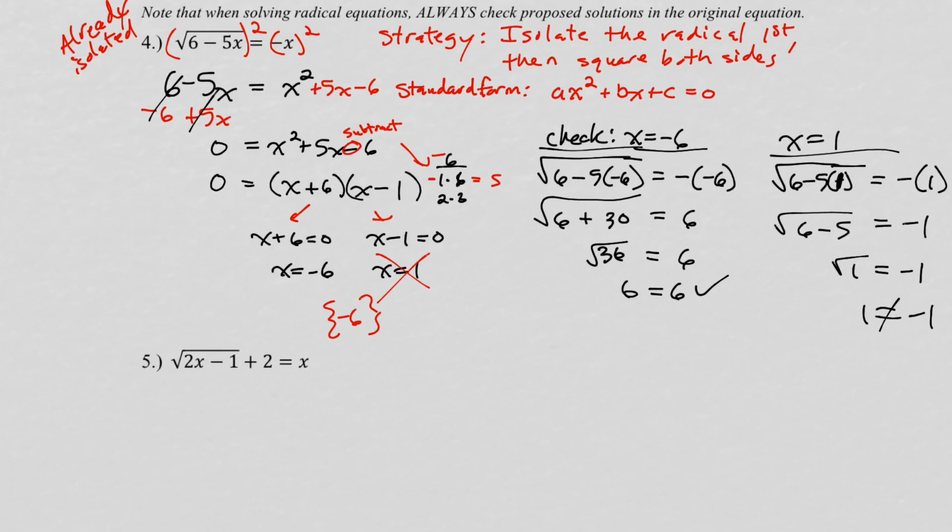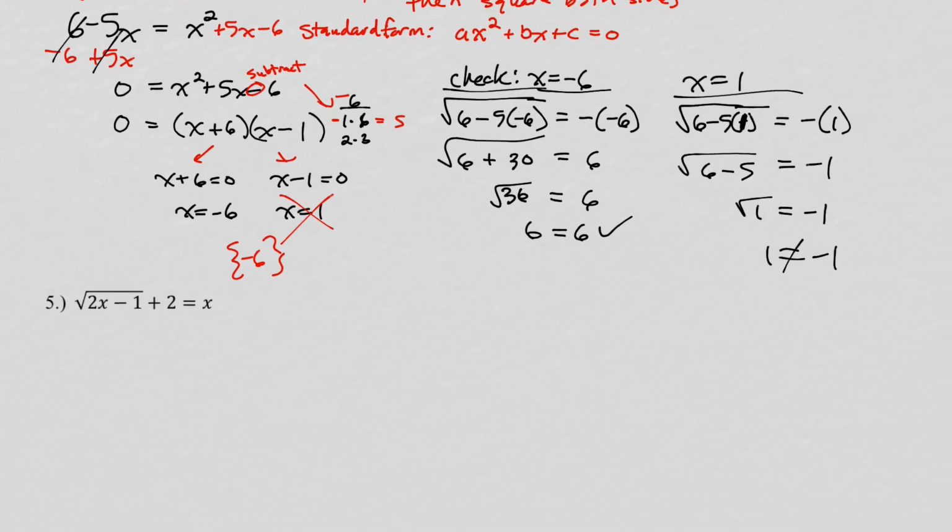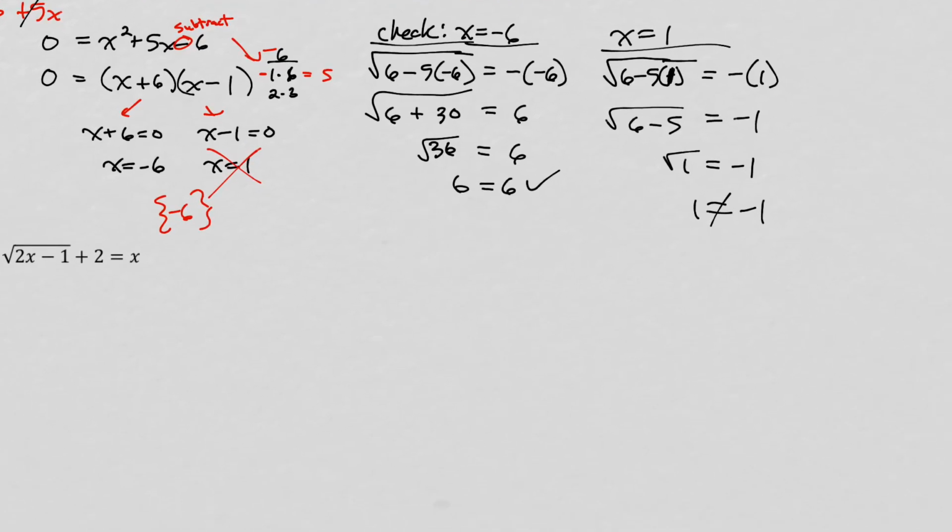Actually, let's go ahead and do that. So graphically, you can use either the intercept method or the intersection of graphs method. I think we should probably do this one, which is moving everything to one side, and you're going to look for x-intercepts.